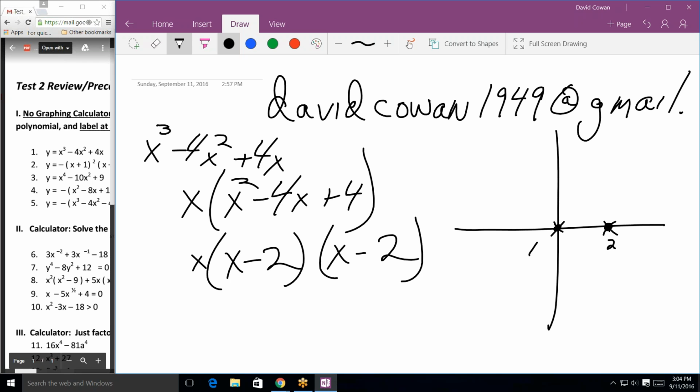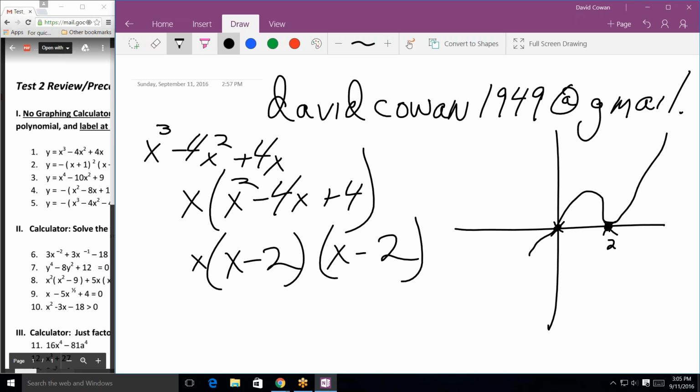So most likely what this thing looks like is that. When you have a multiplicity of an even number, it kisses the x-axis. It does not go through it. Very important concept to remember.